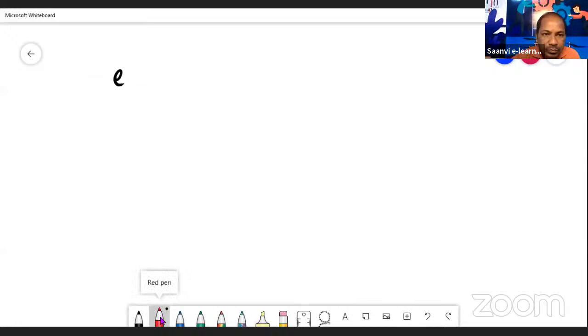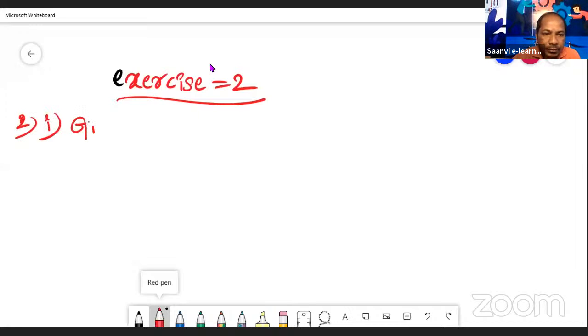Exercise 2, second bit, first question. What is the given equation? 2 plus y is equal to 7. By transposing method, we have to solve this equation. Let us see how to solve it.